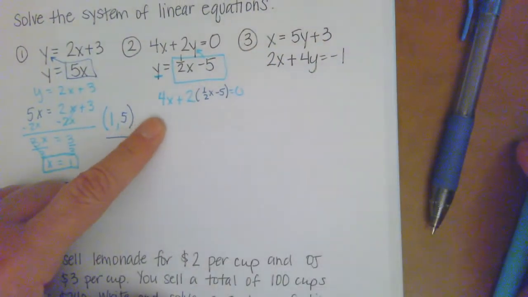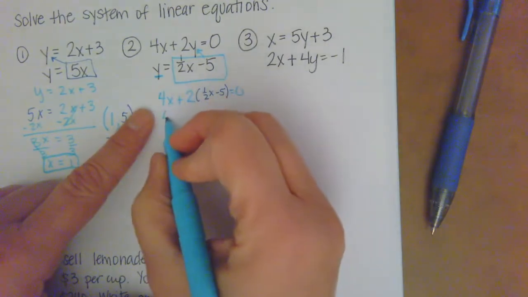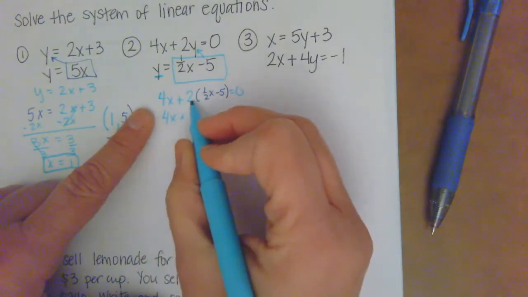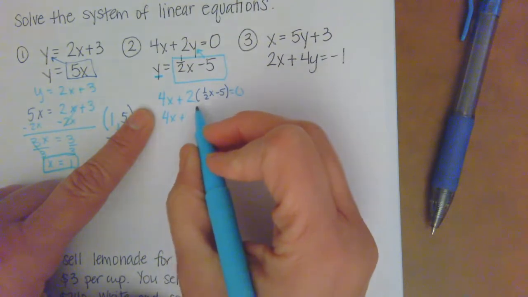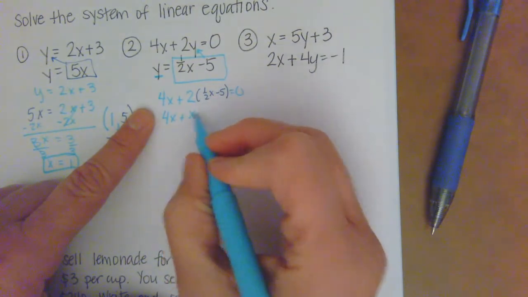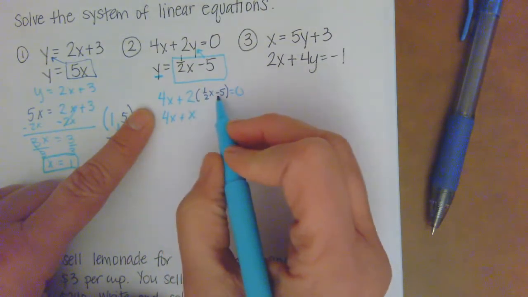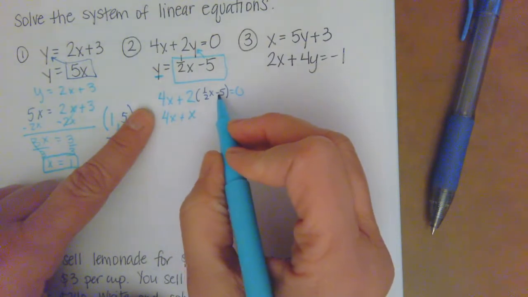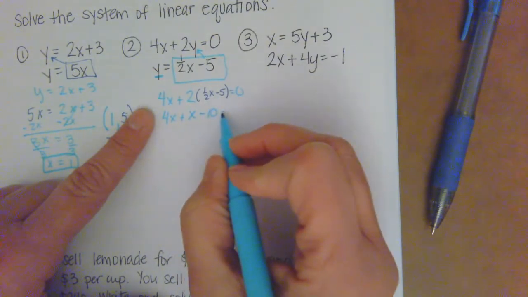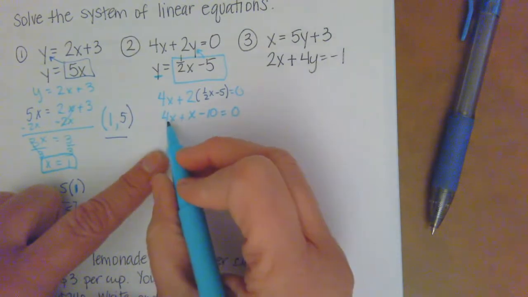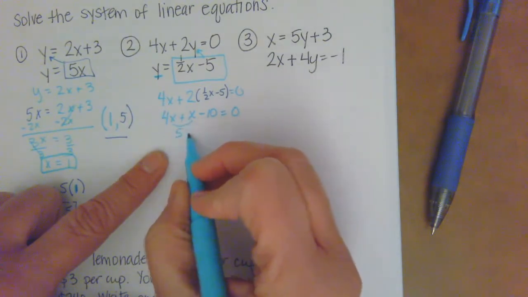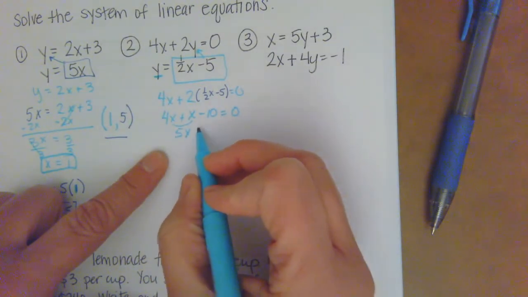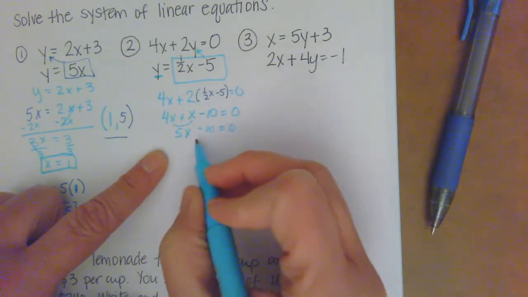So now we have to do distributive property, and we're going to do 4x plus 2 times 1/2 is 1, or 1x, and 2 times negative 5 is negative 10 equals 0. So let's combine these, which gives me 5x, and minus 10 equals 0.